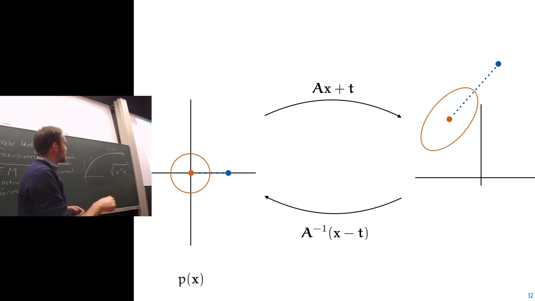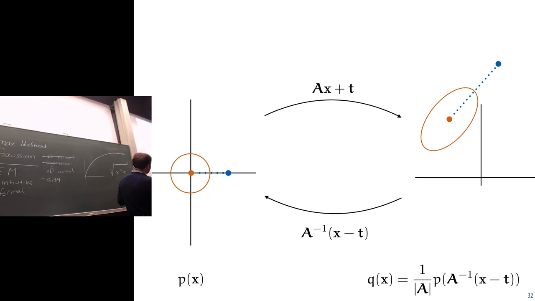So if Px is the probability density of this point under the standard normal distribution, then what we find is that Px of the point transformed backwards is essentially the right probability density, except that this transformation, as you can see here, is rather stretched out, it's blown up this probability density.